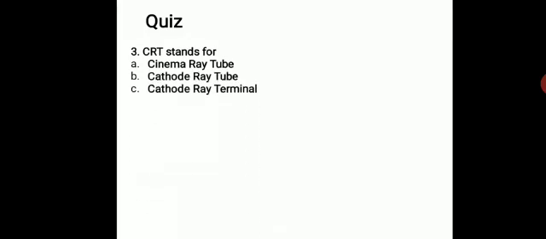Once again, CRT stands for, and the options are cinema ray tube, cathode ray tube, cathode ray terminal. Which one is correct? Cathode ray tube is correct.